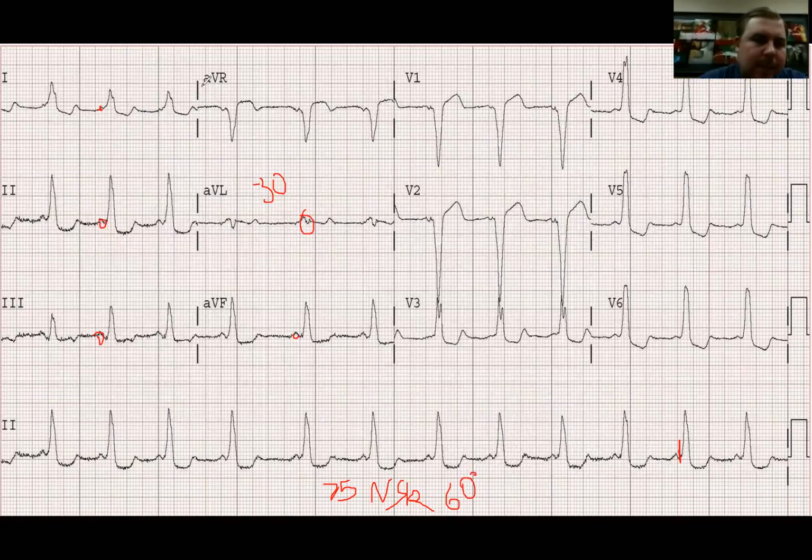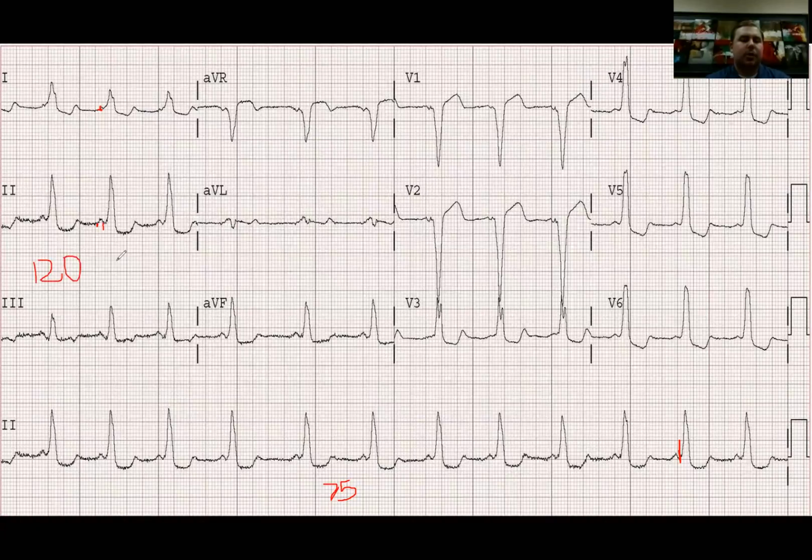Intervals. So I look at PR, and let me get rid of some of these so I can see it a little bit better. So my PR starts right here, and my QRS starts right here. So that is a box and a half wide, which is less than my 120 milliseconds, which would be 3 boxes.